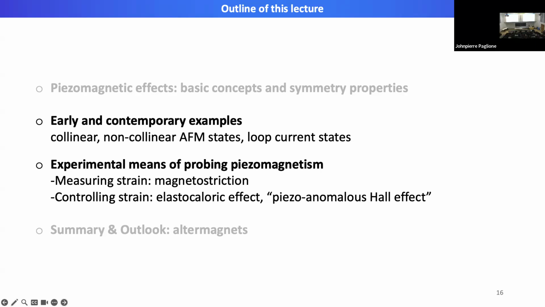And in the second kind of experiments, we're going to try to control strain that's applied to the materials, and we'll be coupling this with either transport or thermodynamic probes, and hopefully I can convince you in the next 10 minutes or so that all of these can help us probe signatures of the piezomagnetic effect we talked about.